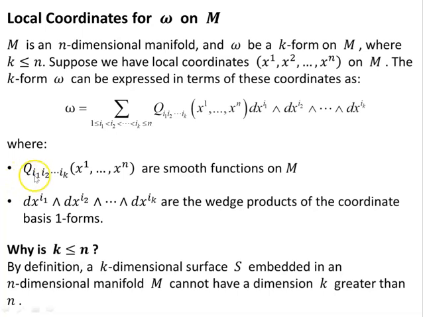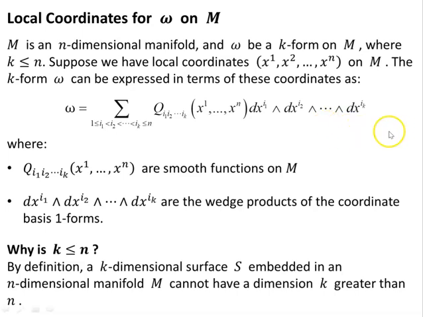Now, what this means is that these q's, as a function of the x1, ..., xn coordinates on M, are smooth functions on M. So if you go back to the last video, I had an example where I was dealing with 2-forms, and omega was, in one case, Q of x, y, z times the 2-form dx wedge dy, plus Q, a function of maybe one, two, or three of those coordinates, times the wedge product dy wedge dz, right?